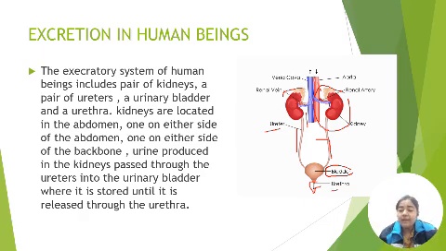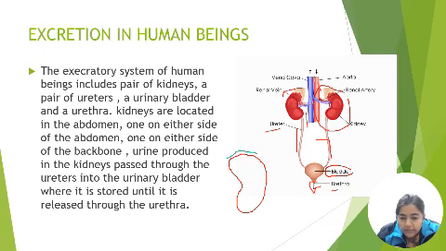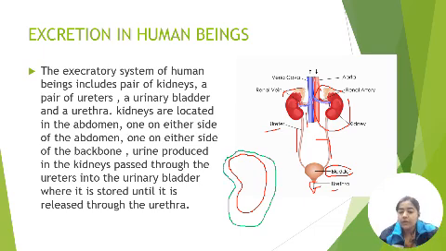Now, every human body organ has a protective layer. Likewise, the kidney also has a protective layer. For example, this is our kidney. It has a protective layer, as I am showing with green color here, which completely covers the pair of kidneys, and the name of that protective layer is pleura.